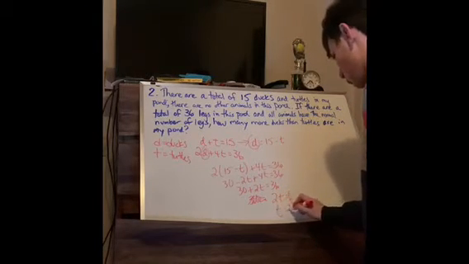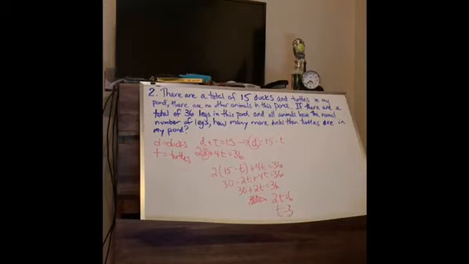T is equal to 3. And we can use that to find the number of ducks. D is equal to 15 minus 3. D is equal to 12. So how many more ducks than turtles are in my pond? 12 ducks, 3 turtles. Answer is 9.